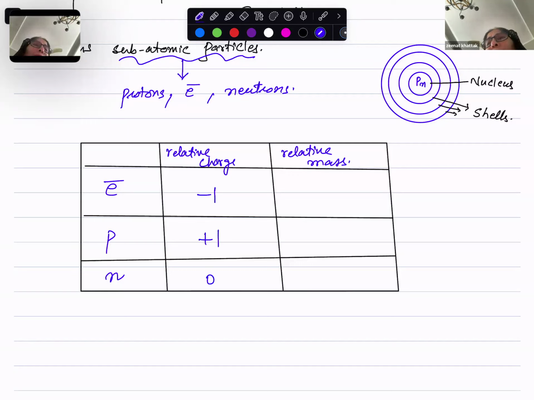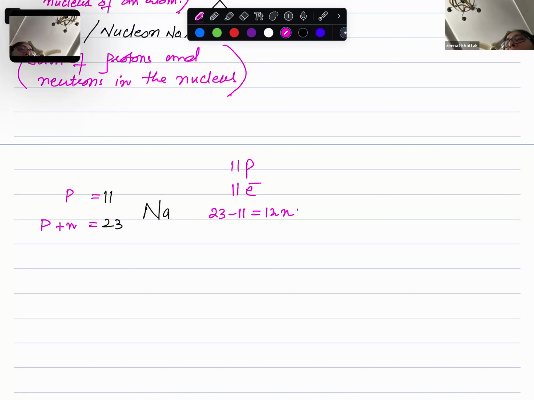There are 11 protons, 11 electrons, and 23 minus 11, 12 neutrons. Done. Now, suppose this is fluorine, 9 and 19. So there are 9 protons and proton plus neutron is 19. So 9 protons, 9 electrons, 19 minus 9, it's 10 neutrons. Done, perfect.